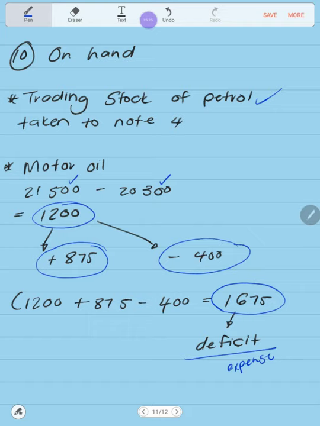And I will show this in my income statement as trading stock deficit. And I will do this very same calculation for note 4 at trading inventory. Okay, they told us that we have 20,300, so this is how your calculation will look. 21,500, we adding the 875, I'm subtracting the 400, and I'm subtracting my deficit of 1,675, which is why I have trading inventory on hand for motor oil worth 20,300.